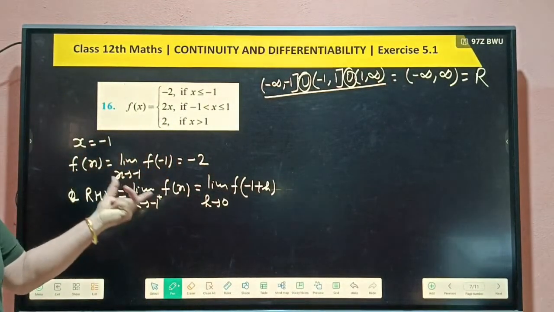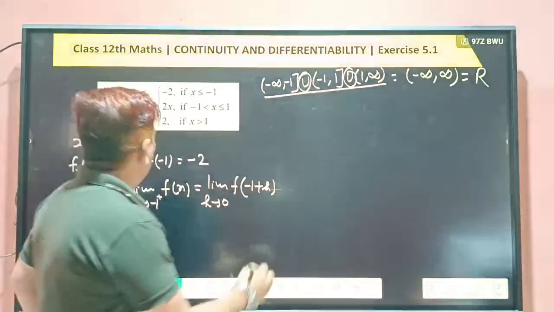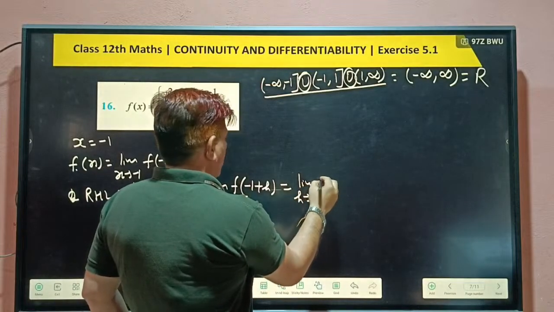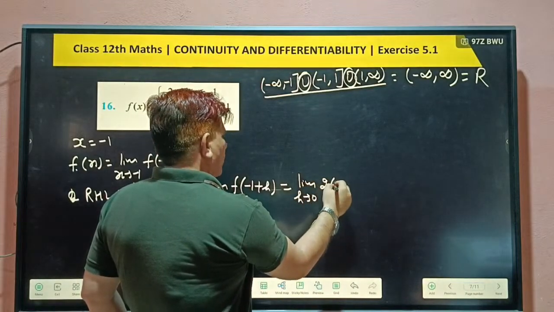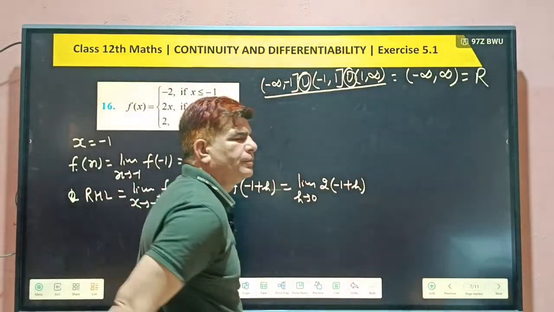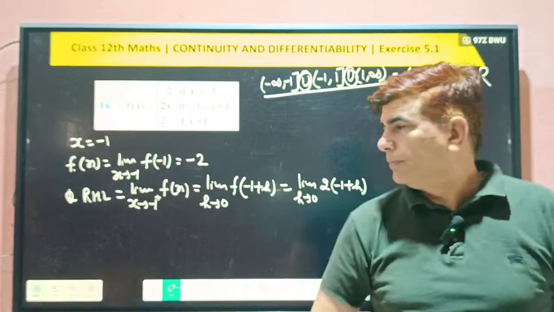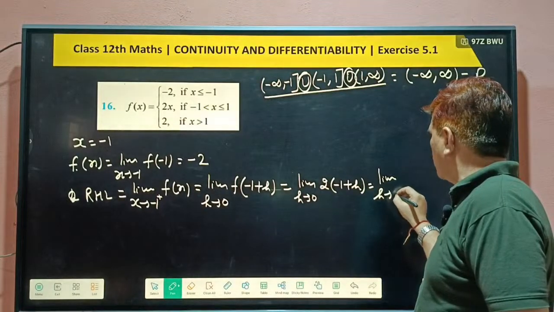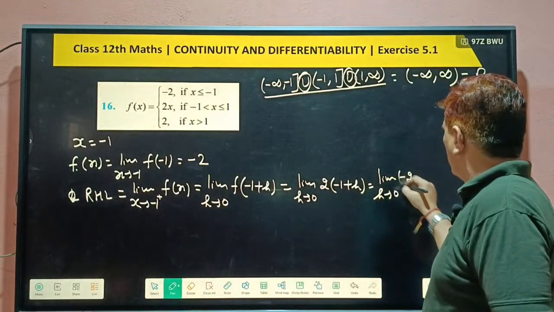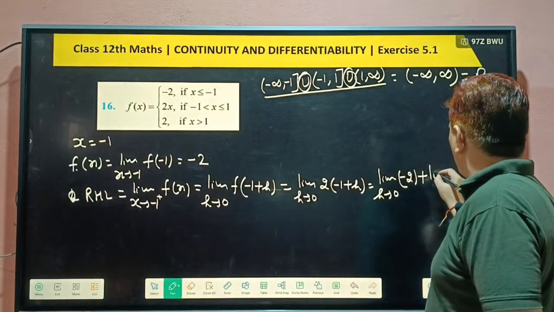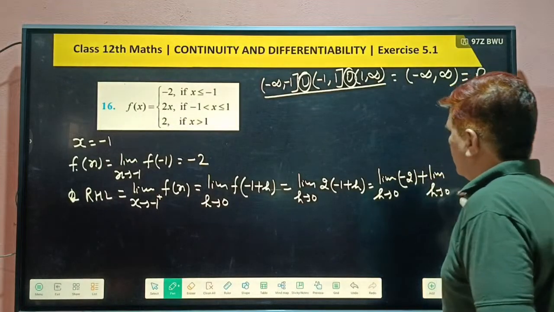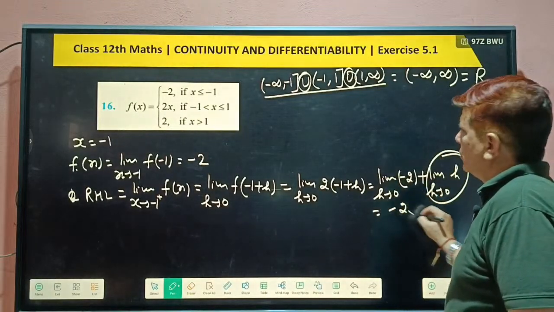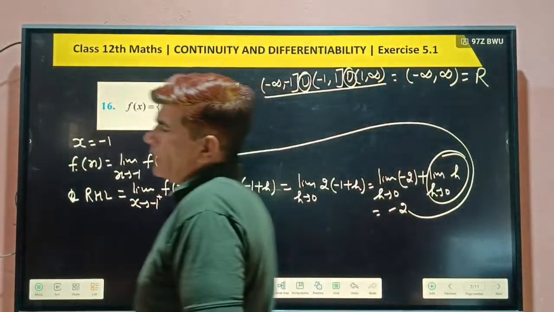It means greater than minus 1, so it is equal to the limit as h tends to 0 of 2x minus 1 plus h. If we write it properly, it is the limit as h tends to 0 of minus 2, plus the limit as h tends to 0 of h. So this becomes 0, and this is equal to minus 2.